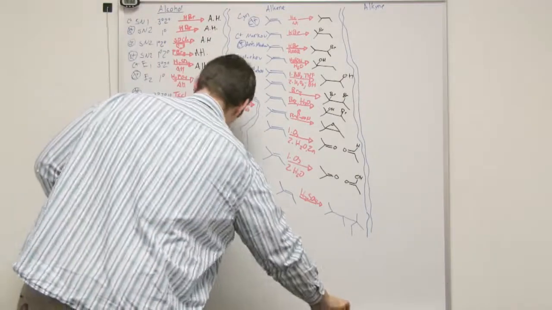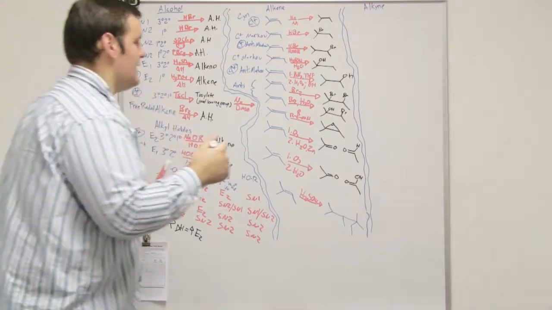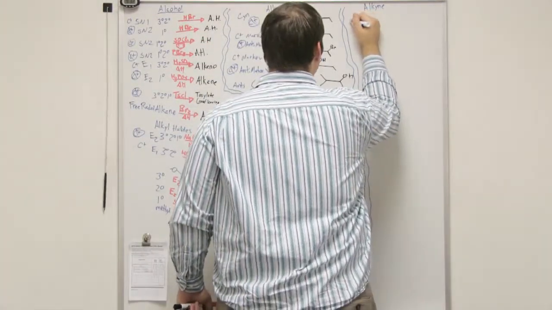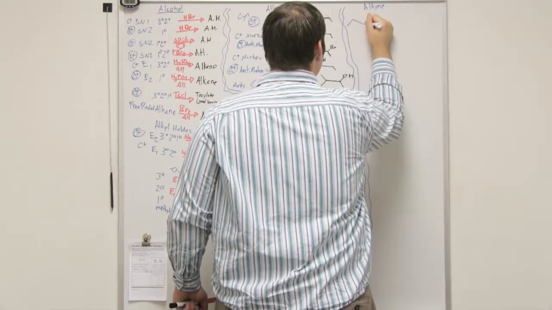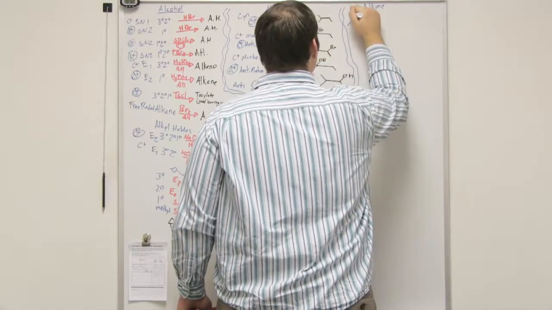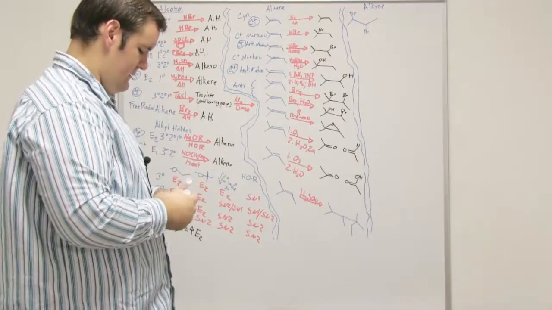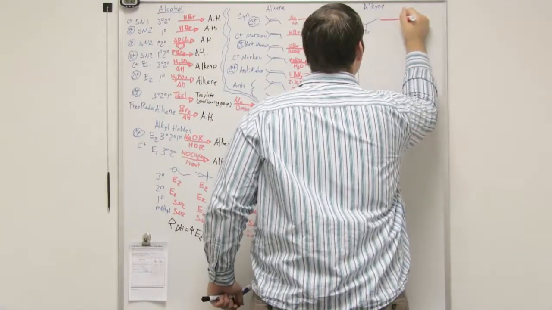One thing back here I'd like to note. First, let's talk about here. If we have two Br2s there, correct me if I'm wrong, I don't know since I've taught this.